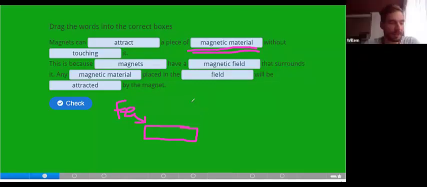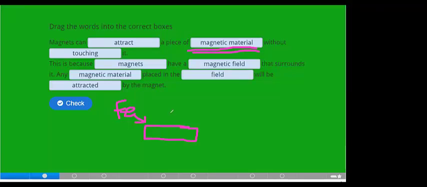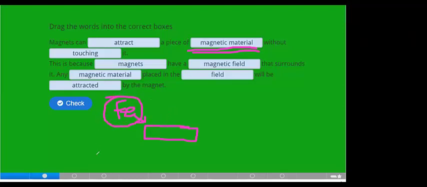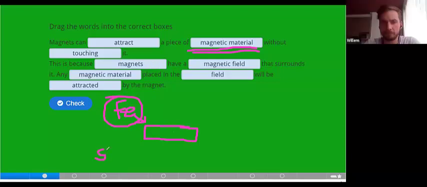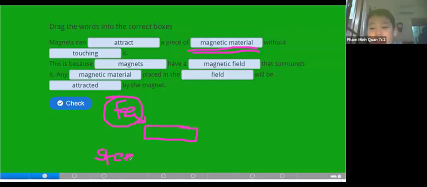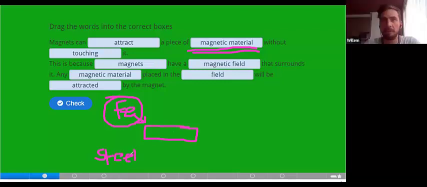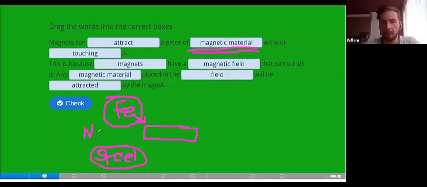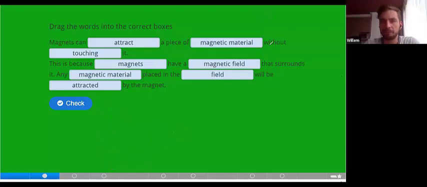Can you remember what other things get attracted to magnets? Steel. Okay, so we have iron, steel, nickel. Aluminum is not attracted to magnets, and neither is copper.